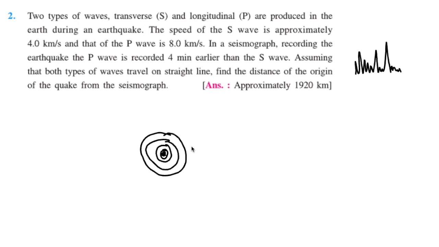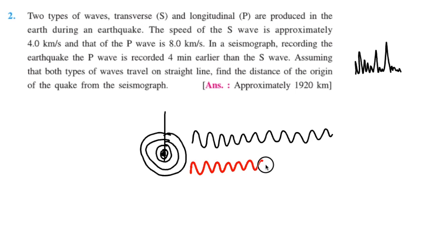Now two waves are produced during an earthquake. First is my S wave and second one is my P wave. But here mind well, P wave has velocity 8 km per second and my S wave has velocity 4 km per second.